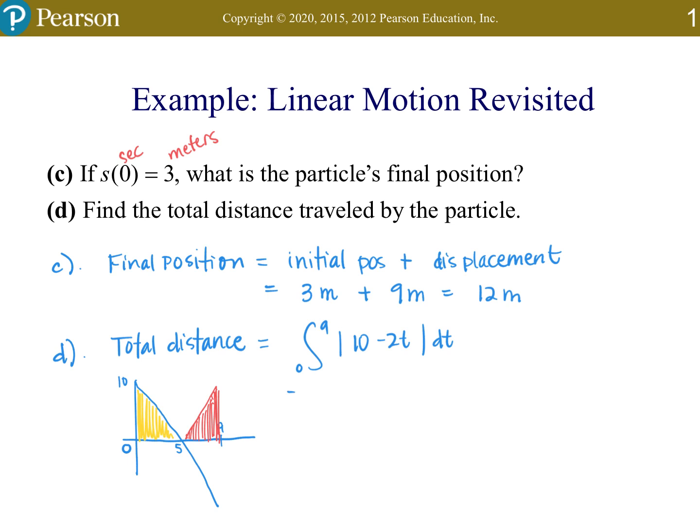So using geometry, we know that the original first triangle, the yellow one, is 1/2 base times 5, height times 10. And then we want to add that to the new triangle, and its base is going from 5 to 9, so it only has a base of 4, and it's only going up to a height of 8.